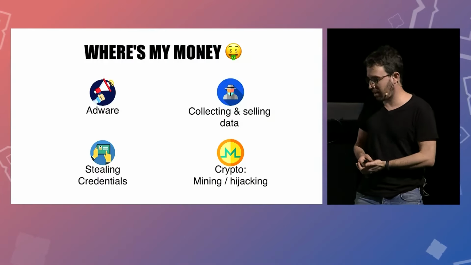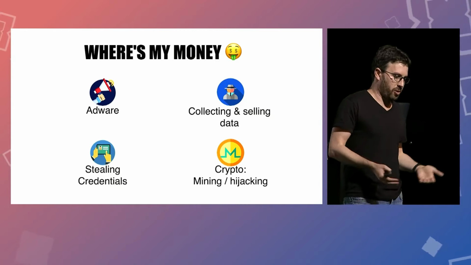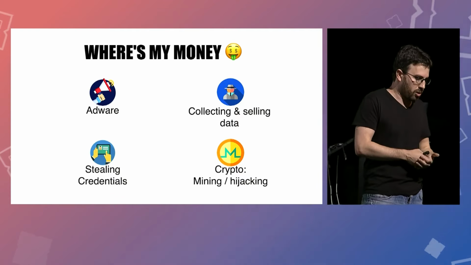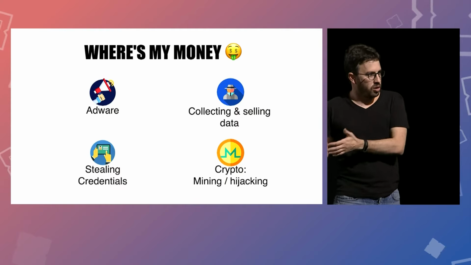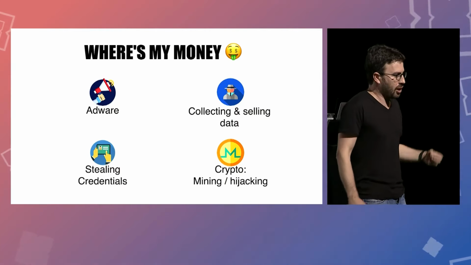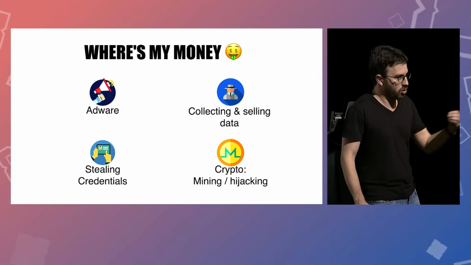Well, luckily or not, extensions don't want to steal a photo. What they really want to do is make money, of course. So how do they do it? The most common ways, I'm going to show you now. The most common way is adware, taking advertisements and injecting them into your DOM.